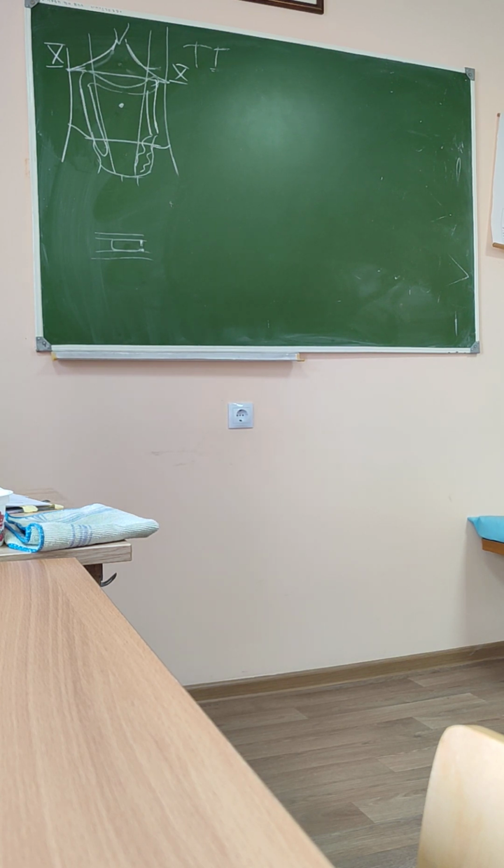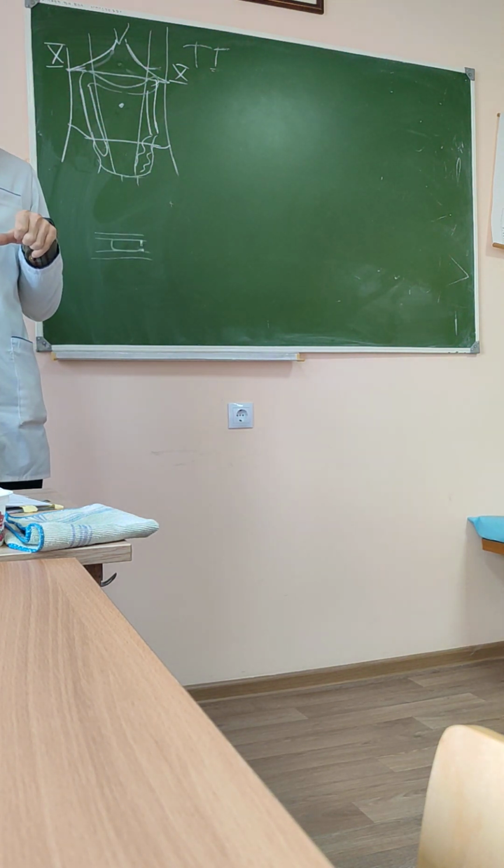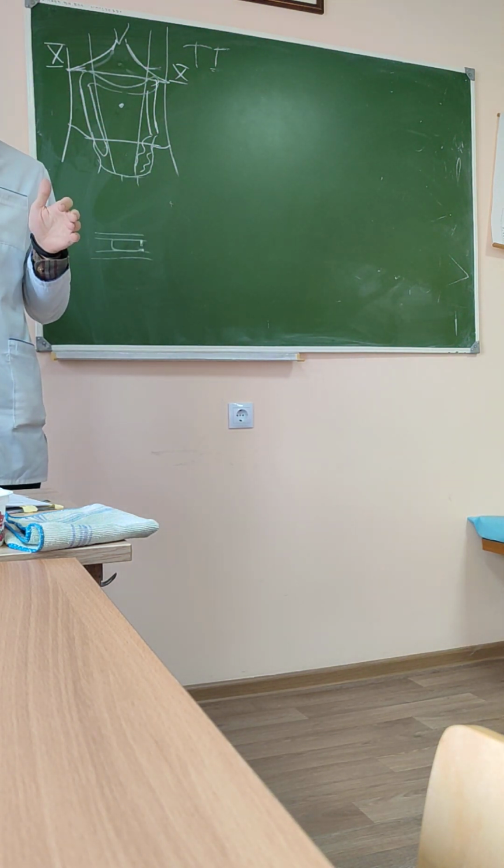One more question: survey of the abdomen. Local survey of the abdomen, also percussion and palpation. Not palpation, auscultation of the abdomen for today. Local survey of the abdomen has to be performed both in standing and lying position, vertical and horizontal.